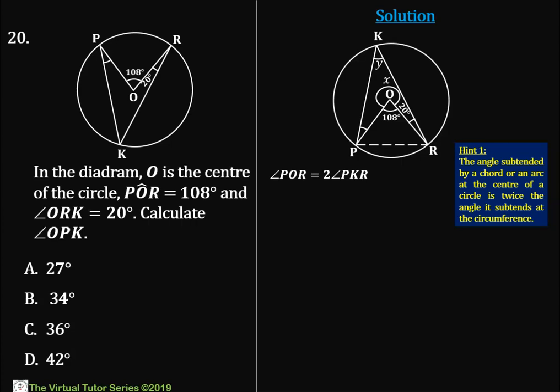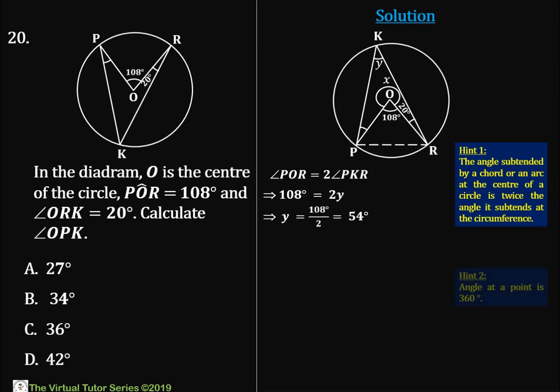Angle POR is 108 degrees and angle PKR is Y. So we have 108 degrees is equal to 2Y. Dividing both sides of the equation by 2, we have Y to be equal to 108 degrees over 2, which is 54 degrees.